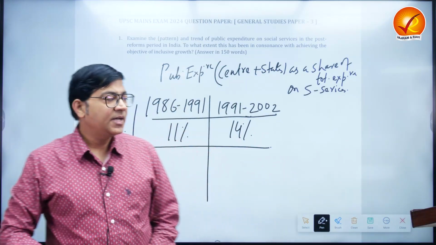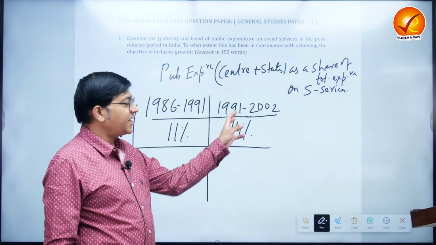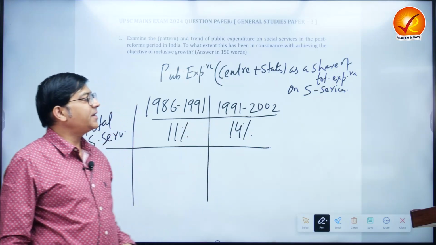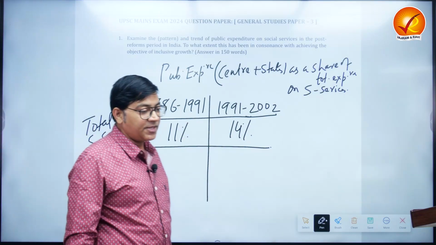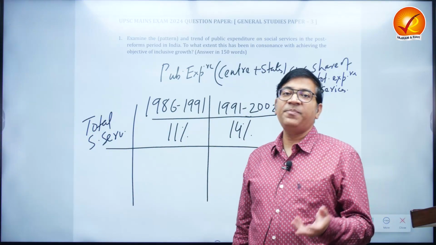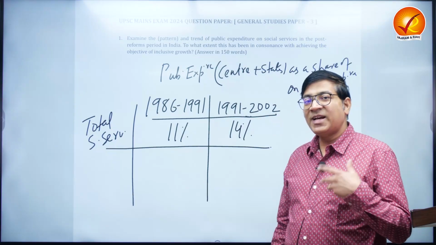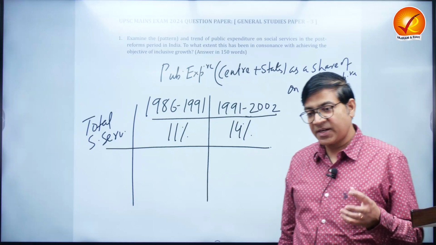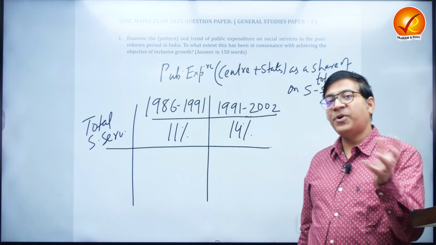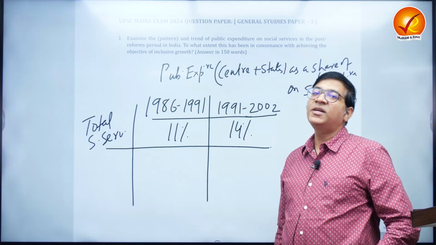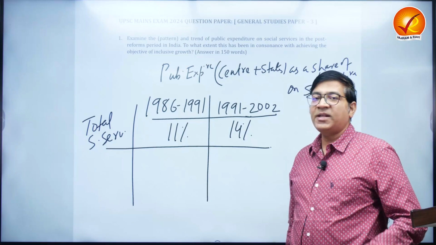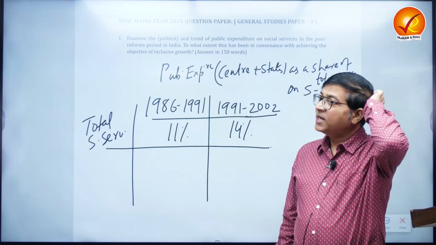And don't forget, more of this increase came after 95-96, by which time GDP growth is very high. What happens when GDP growth is higher and it's coming from sectors like industries? The tax revenue collection is quite significant. That makes it possible for the government to spend on social services, although that is not a sufficient criterion.